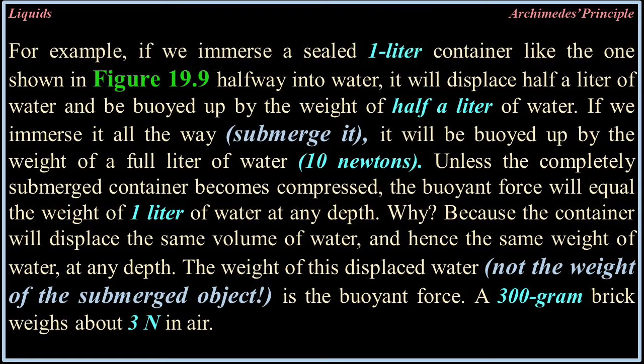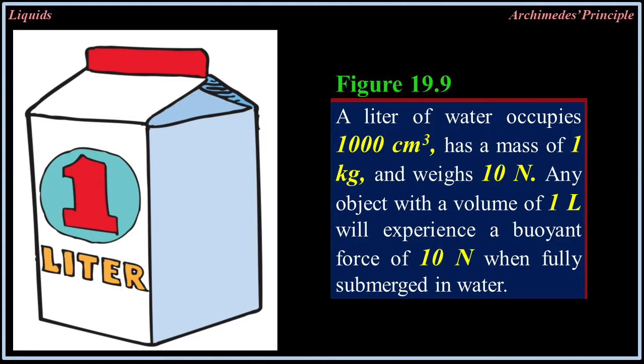For example, if we immerse a sealed 1 liter container like the one shown in figure 19.9 halfway into water, it will displace half a liter of water and be buoyed up by the weight of half a liter of water. If we immerse it all the way, submerge it, it will be buoyed up by the weight of a full liter of water, 10 newtons.